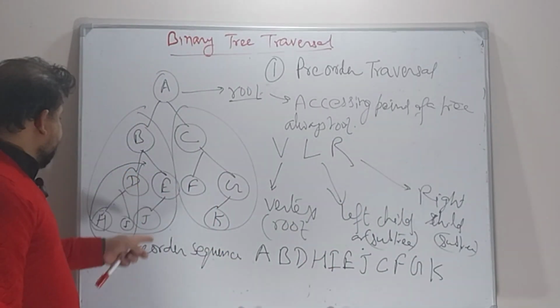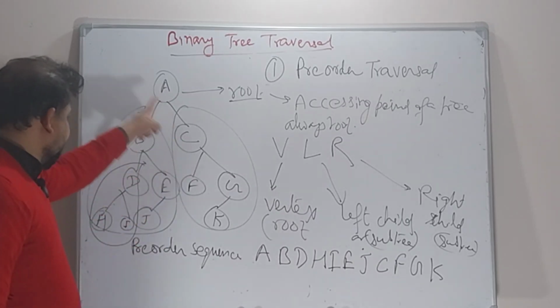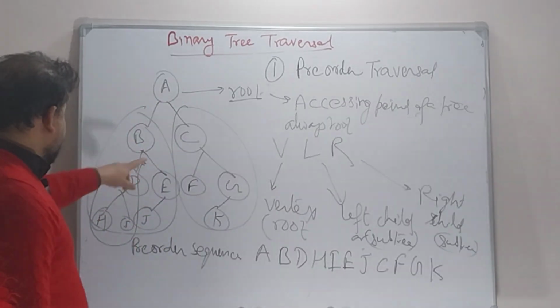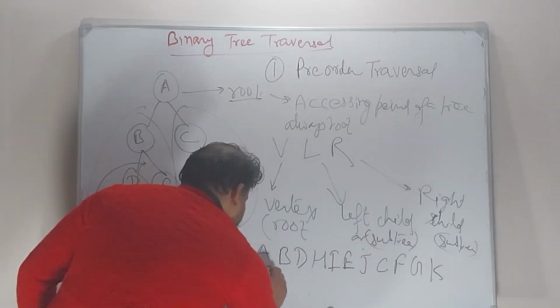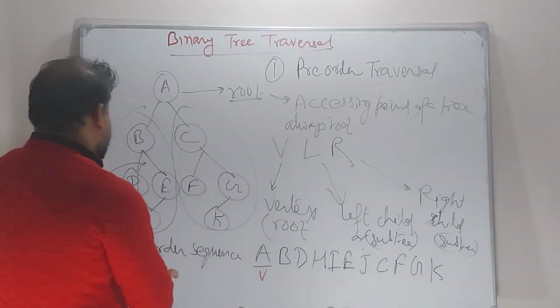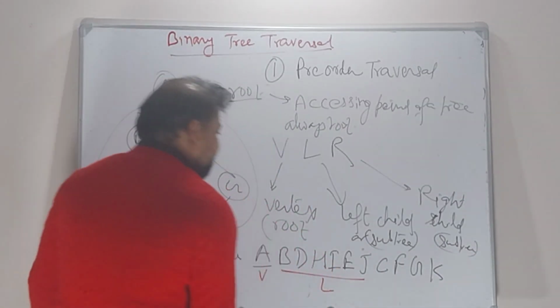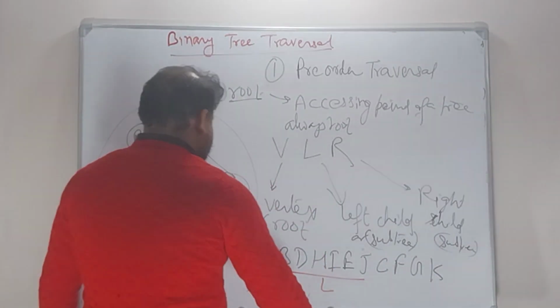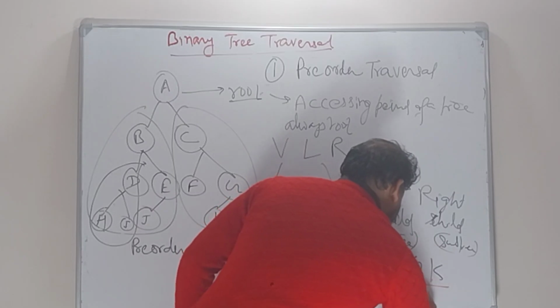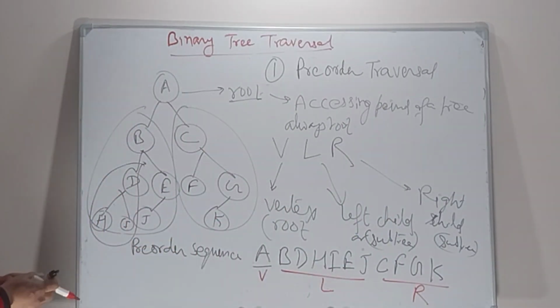You can see here, this A is the root, and after that the entire tree I have traversed recursively. Here I am writing V, this part up to J is L, and this part is R. That is the pre-order traversal of a tree.